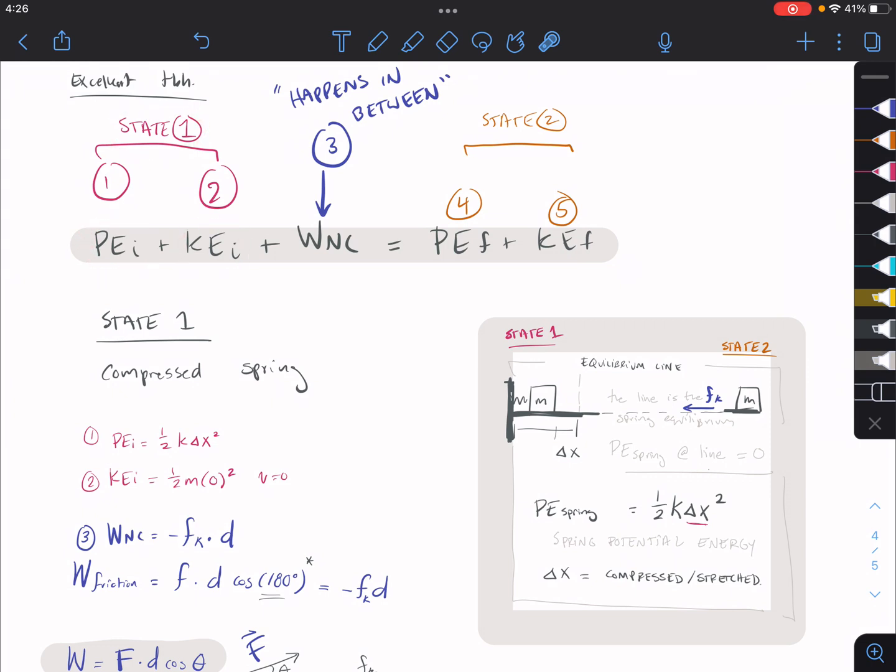We choose a state, we ask ourselves what energy exists there. We might have to ask ourselves what happens in between if there's some friction or some outside pushing force. And then we look at the end and say, okay, now at this end state, what potential and kinetic do we have left? So we just set up the equation, we look at the states, try to figure out the terms, and then we just plug them in.